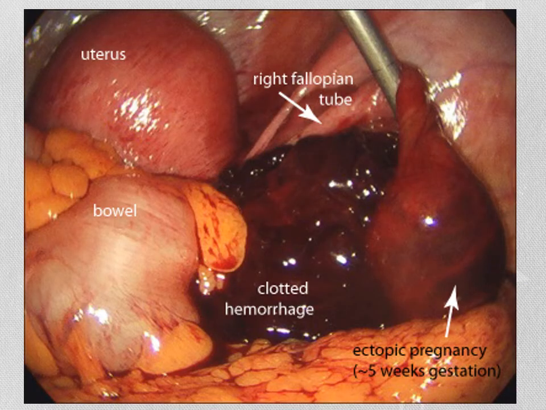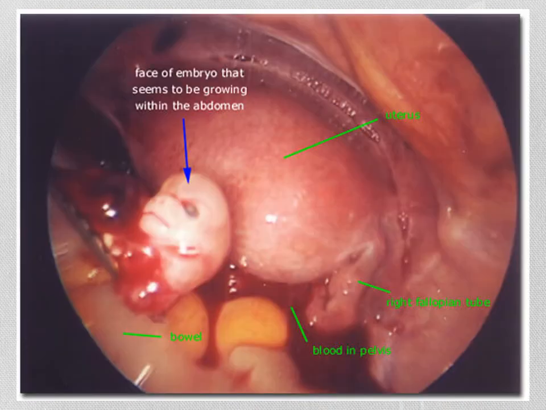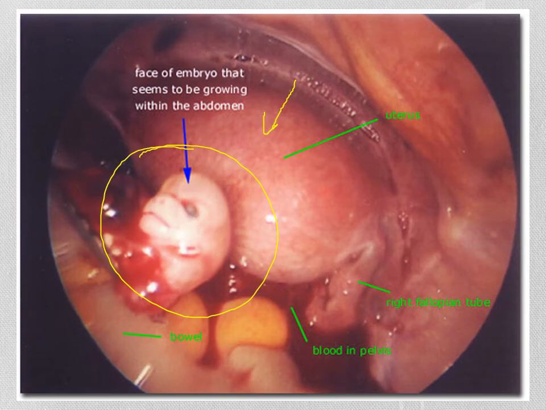Here's a picture of a ruptured ectopic. So over here we have the uterus. Sorry about that. Here's another one. So here's the uterus. This one is growing out in the pelvis. The other one was in the fallopian tube. Sorry, it doesn't let me go back.